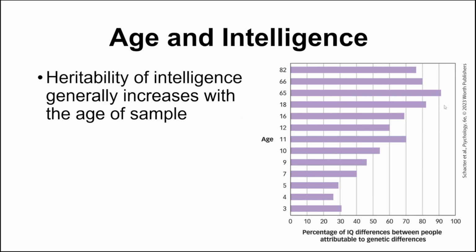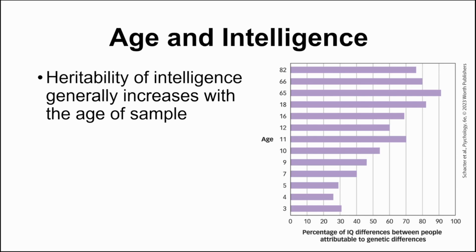That one I don't have a great story for up here, but it does make sense that at the bottom, before we're in school, our home environments are very, very different from one another, and therefore that's probably going to influence a lot more of our variation. And then as we get older, the genes are probably going to have a larger relative contribution, maybe because the environments are getting more similar.